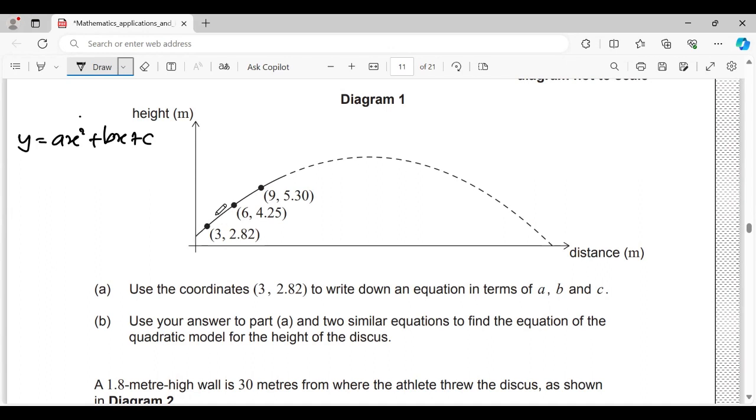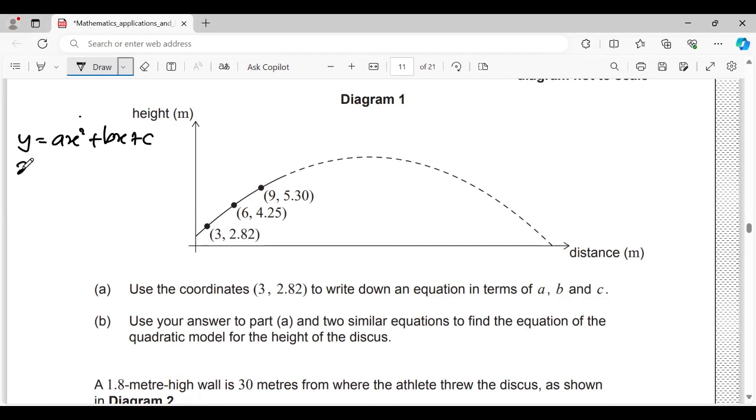If the graph goes through the point (3, 2.82), we can substitute x equals 3 and y equals 2.82.